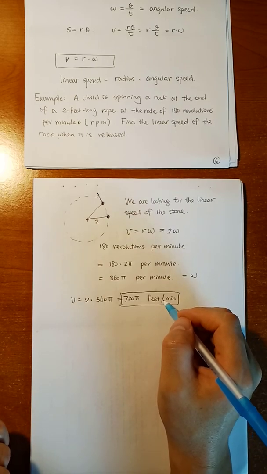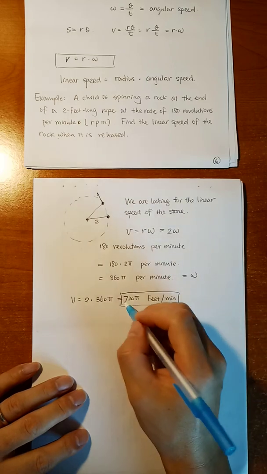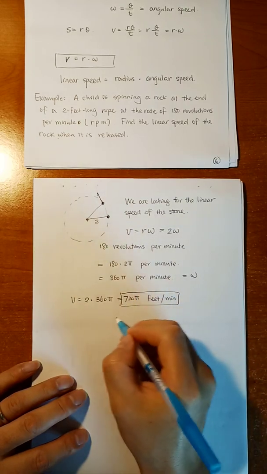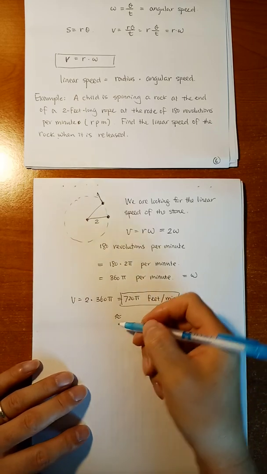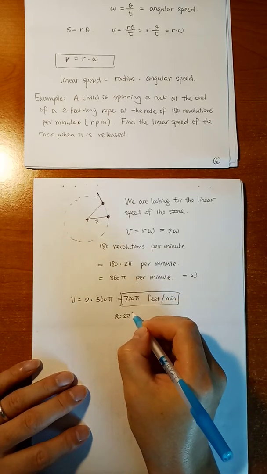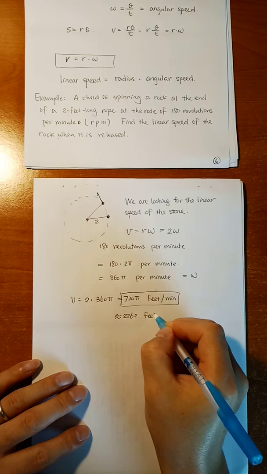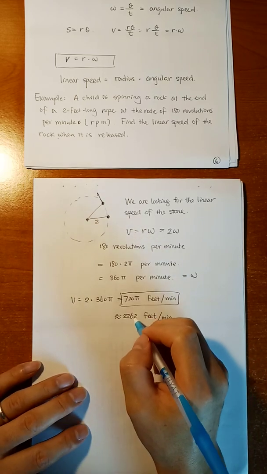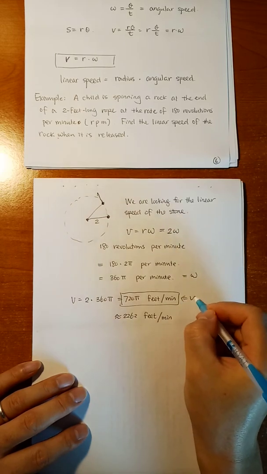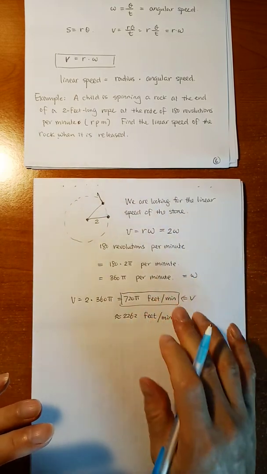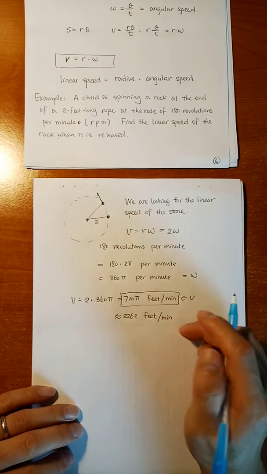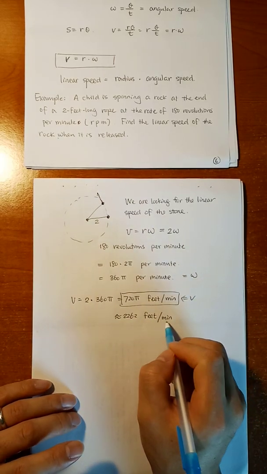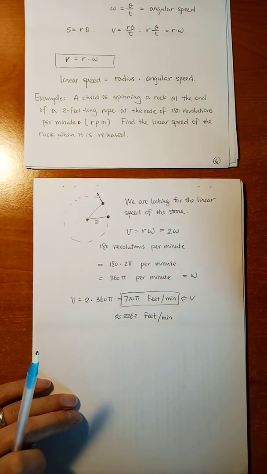If we want to understand how fast it is in real life, it's approximately 2,262 feet per minute. But we don't do that in the exam. I always emphasize that in the exam, you don't simplify, you don't approximate.